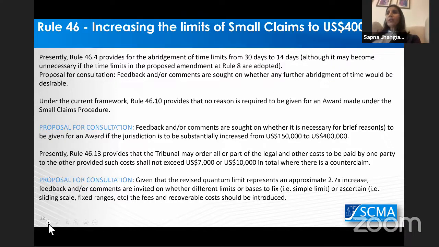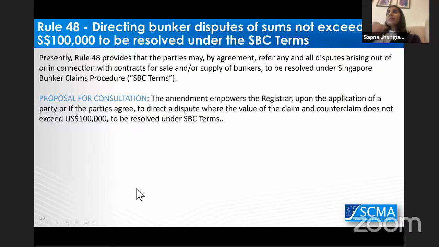If we move on, there are similar changes being considered relating to the use of the Singapore bunker claims procedure for disputes of sums not exceeding $100,000.